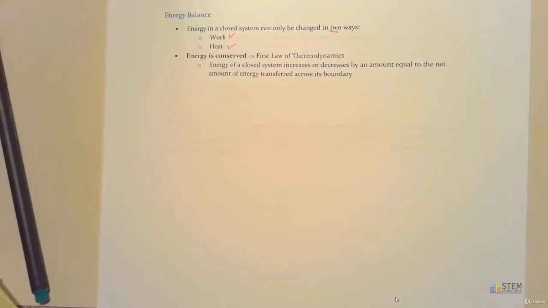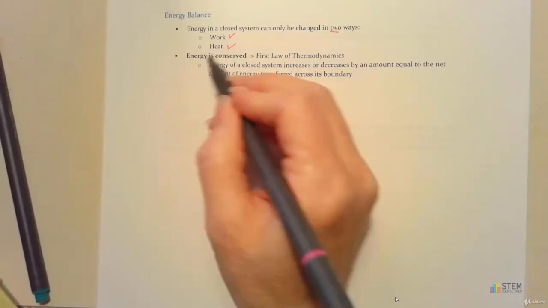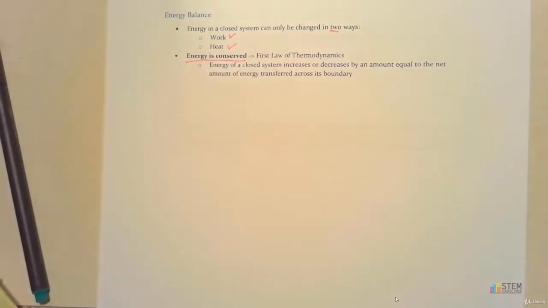Okay, now we also know that energy is conserved. You probably heard about that in physics if you've taken physics. So that is going to lead us to the first law of thermodynamics. Now that first law of thermodynamics states that the energy of a closed system increases or decreases by an amount equal to the net amount of energy transferred across its boundary. Okay, so now let's put that into equation form.